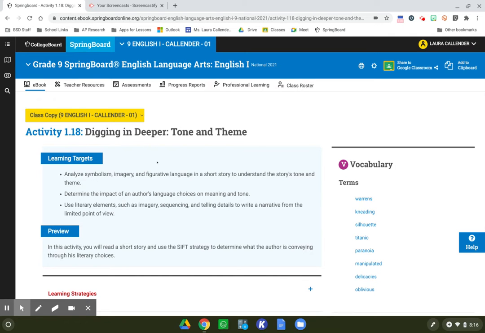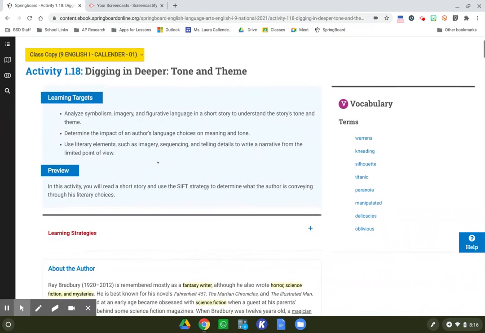So, in order to come to those conclusions about tone and theme, we are going to analyze symbolism. So, the idea that an object can represent something outside of itself while retaining its own identity. Things like flags that represent patriotism or unity in a nation, but are also still just flags, materials with symbols on them.